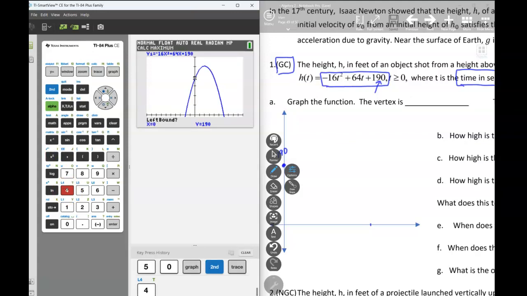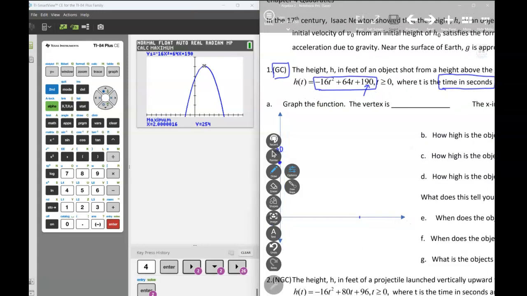Left bound. Am I left bound to the vertex? Yes, so what do you click? Enter, and then right bound is where? Right. Somewhere over here. I'm already on the right bound, so I'm good to go. Once you're on right bound, what do you click? Enter, and then enter again.